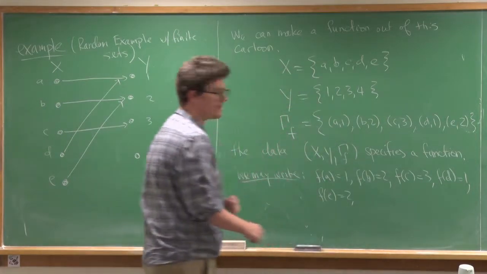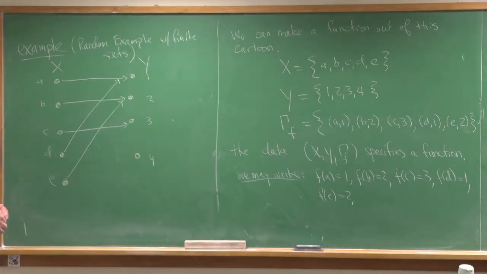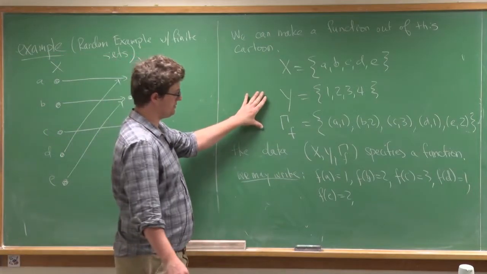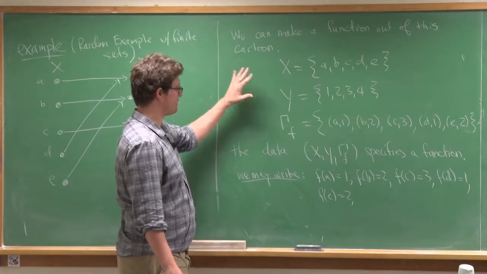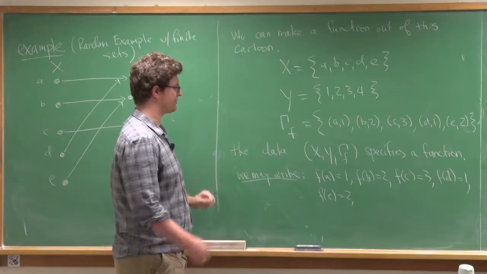We use the same notation like we did before. So now we've made the three things that make up the data of a function, and we specified how to make this rule.